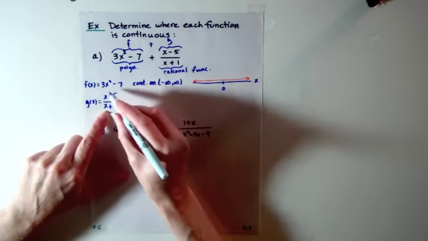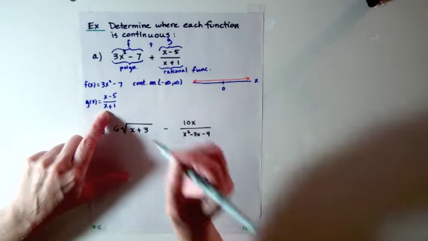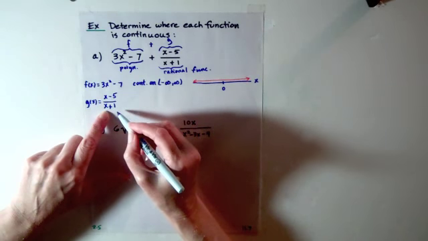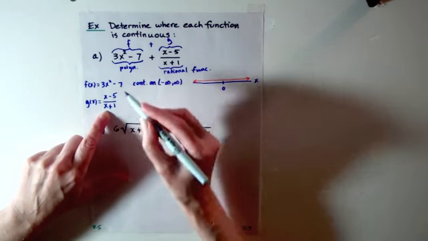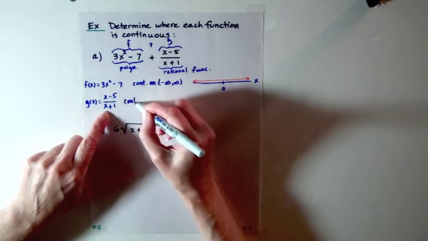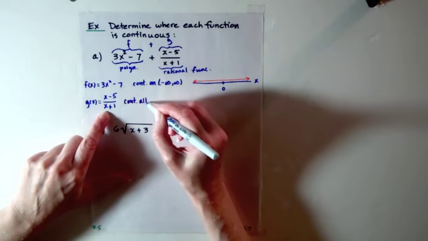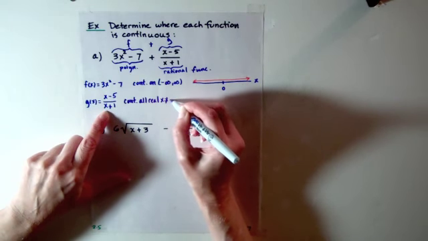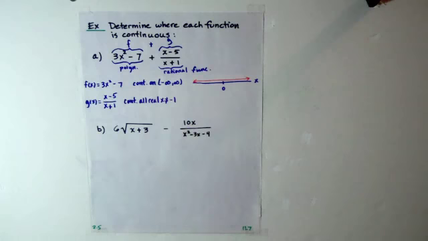Well, where is the denominator of this rational function equal to 0? That would be where x plus 1 is equal to 0, and that would be true if x were equal to negative 1. So g of x is continuous for all real numbers x not equal to negative 1. And at negative 1 it would be discontinuous.